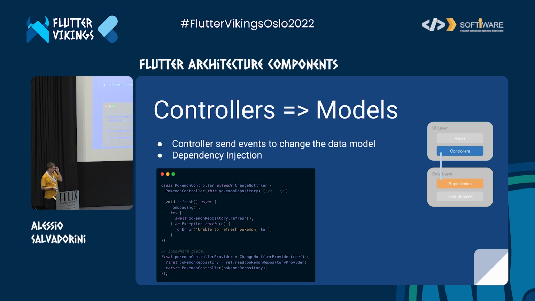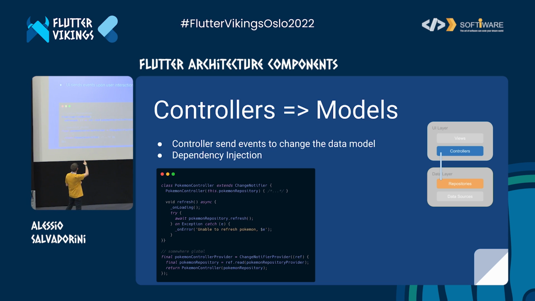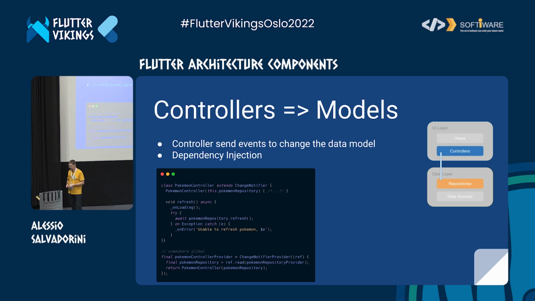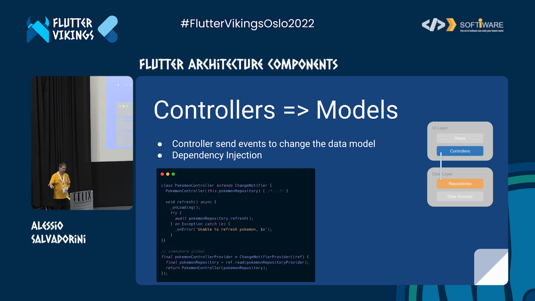Now let's see how this works throughout all our architecture. So first of all, when I click to refresh the Pokemon, as you can see, there is a floating action button that basically needs to have access to the Pokemon controller to tell it that we want to refresh your Pokemon data.